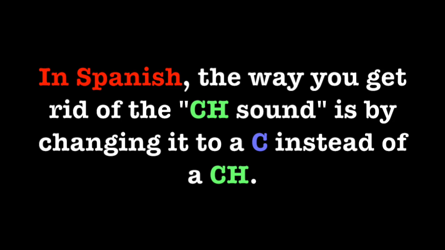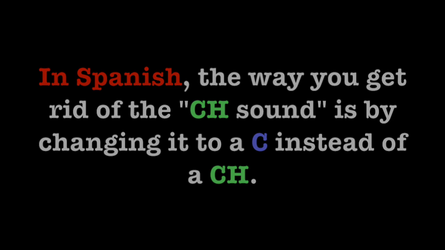In English you would have this word, psychology, spelled with the CH, making a hard C sound. But in Spanish you're going to spell it this way, no H in it, just a hard C, and the way you say it is psicología. So in English, psychology. In Spanish, psicología.